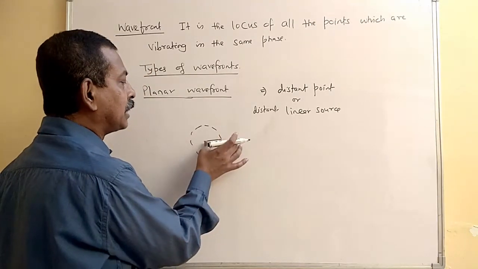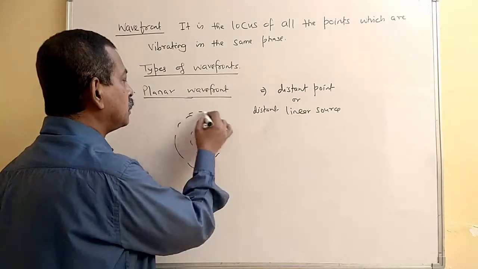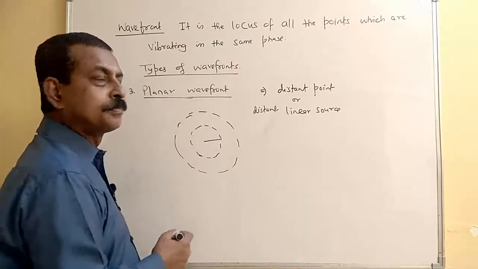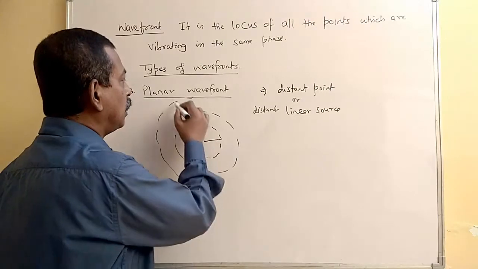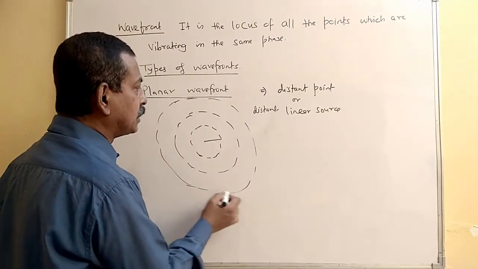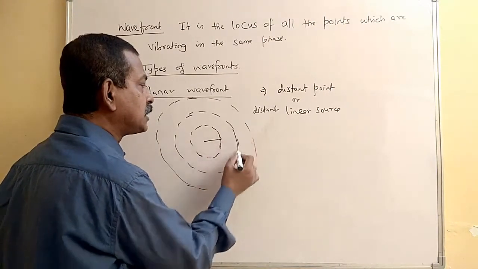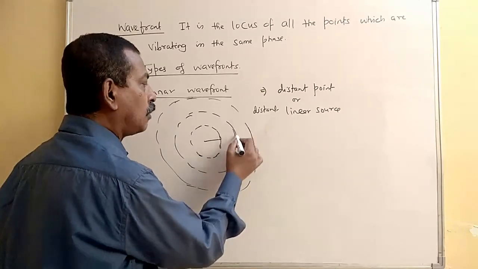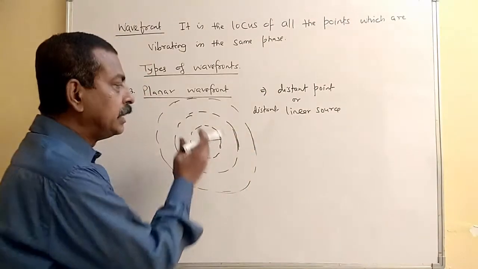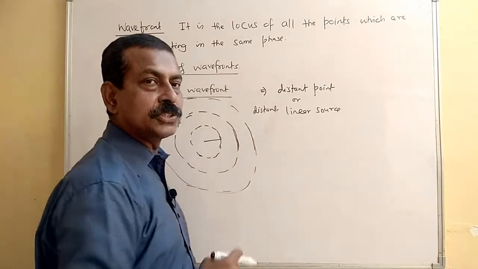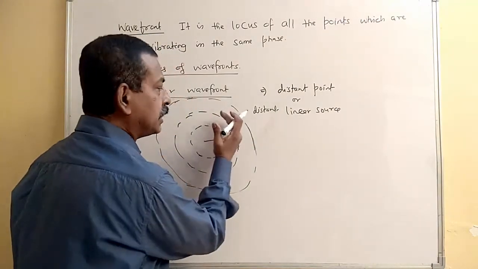Suppose it is at a larger distance, in that case the wavefront will be like this. Again, if it is at a larger distance, the wavefront will be like this. Now you see the shape of the surface at any particular one. Its curved nature is gradually decreasing. It is more curved, then it is less.